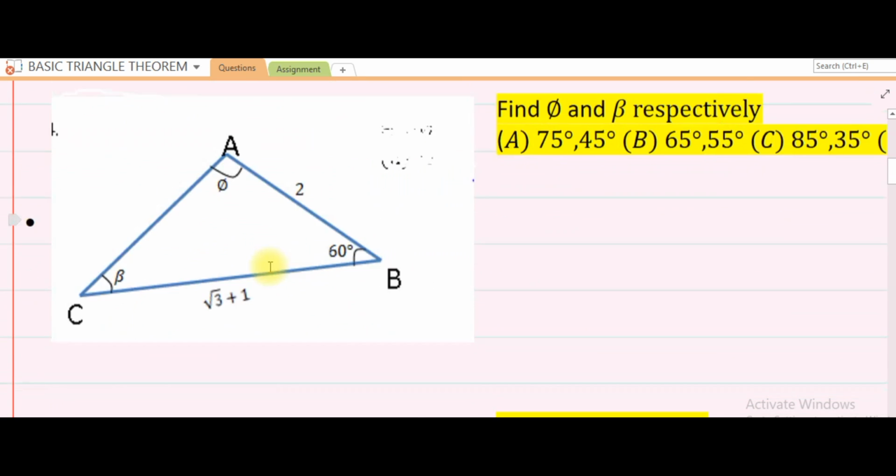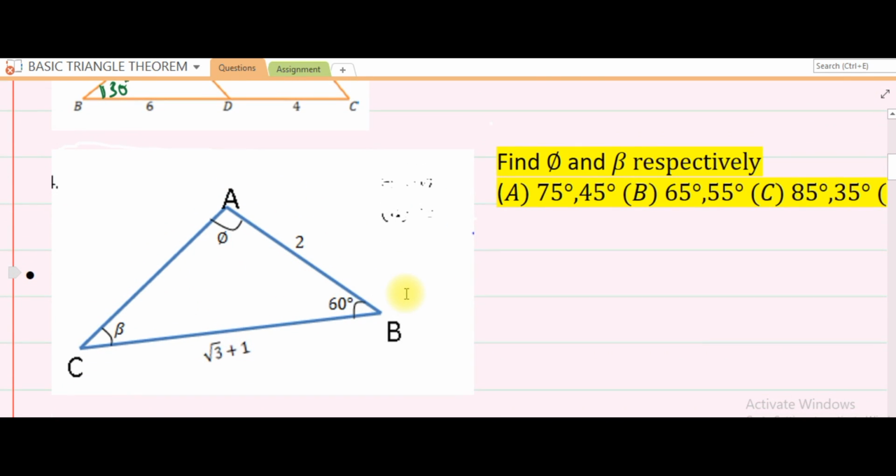So next question. We're asked to find phi and beta respectively, so we're asked to get the measure of the angles. From here, we are given side, angle, side. Check it. Side, angle, side. So we are to use the cosine rule.